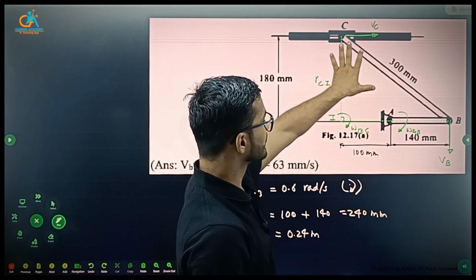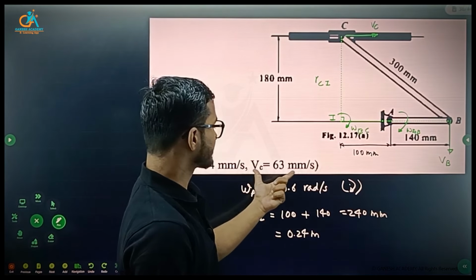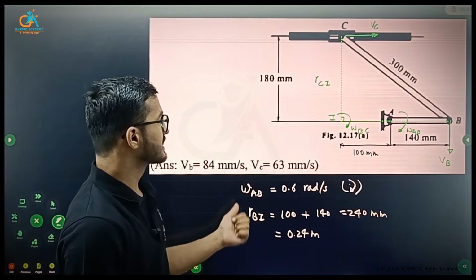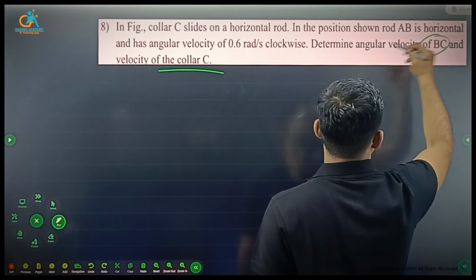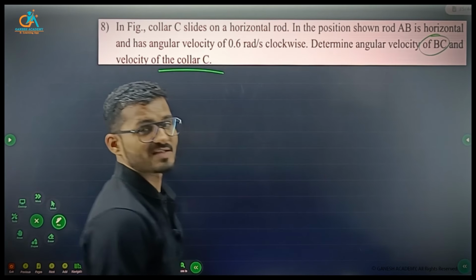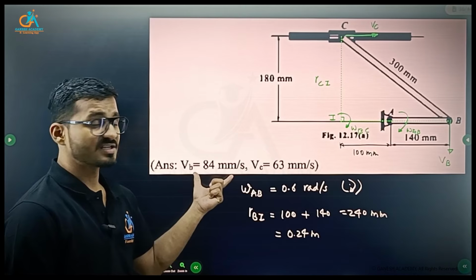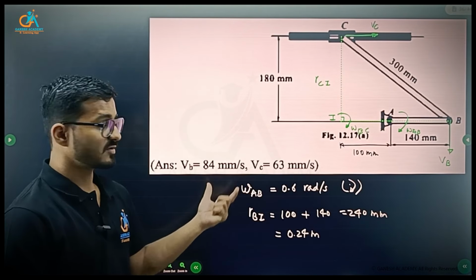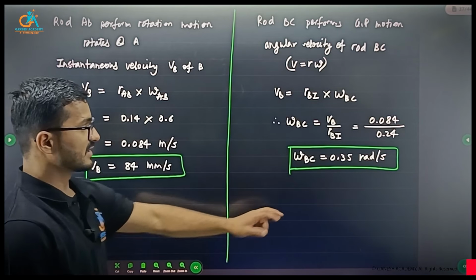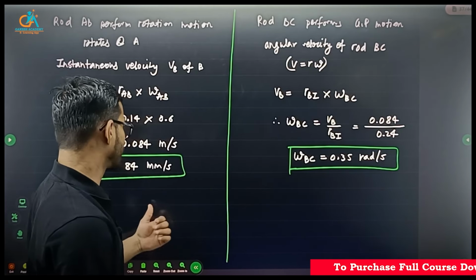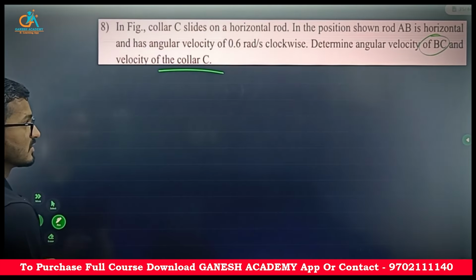So we have calculated the velocity of point B as well as the velocity of point C. In the question they have not mentioned the answer for angular velocity, they are mentioning the value of VB. So angular velocity of BC is equal to 0.35. Likewise, you have to calculate.